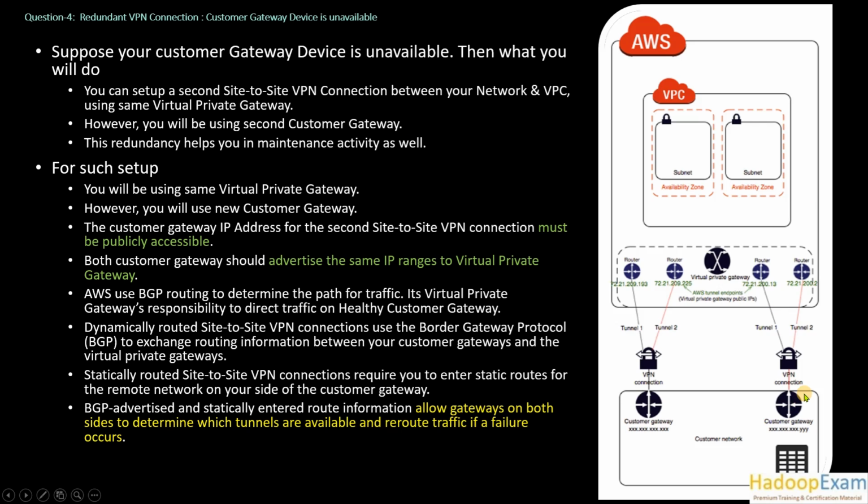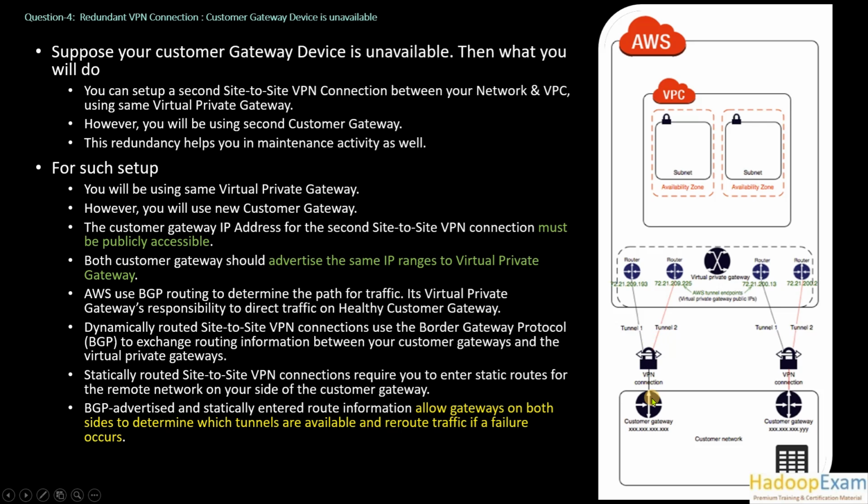Even one customer gateway may not suffice your requirement. So you can set up a second site-to-site VPN connection between your network and VPC using the same virtual private gateway. Suppose you have configured one customer gateway, you can obviously set up a second customer gateway as well.